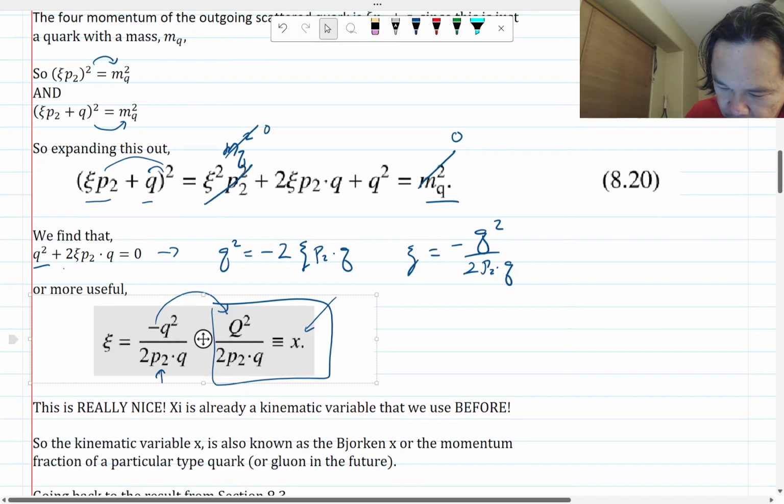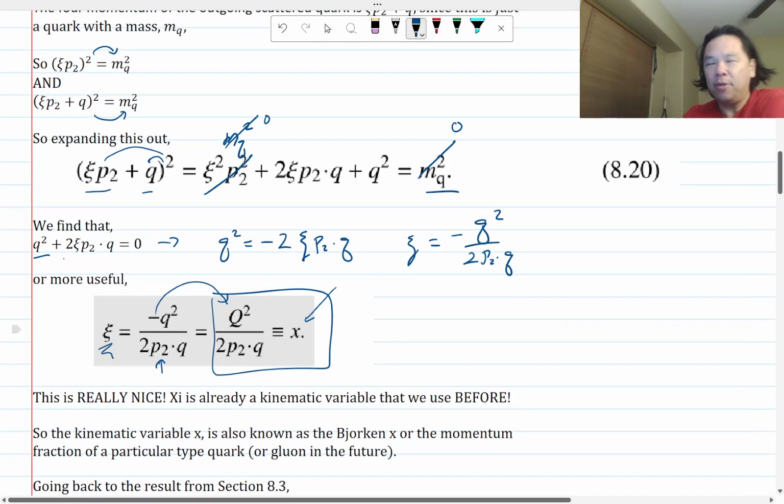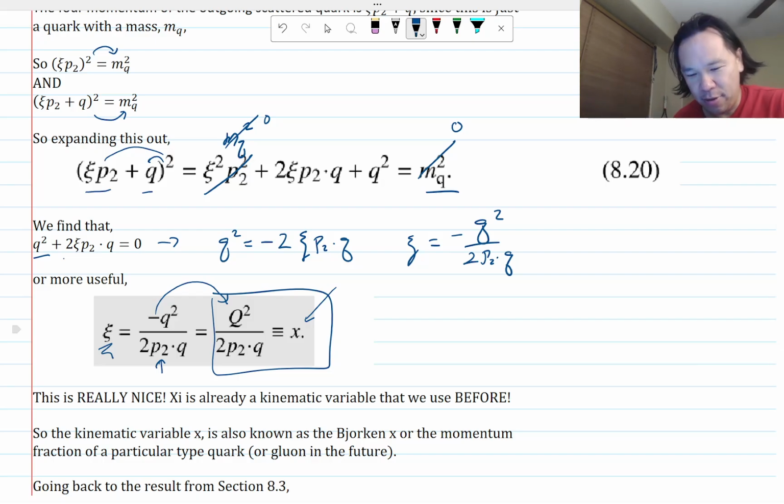So this xc thing that we just made up, the reason we picked xc is because it's an annoying letter to draw, so it's always a temporary thing. It actually turns out to be just x. So we don't have a new variable to deal with. It's the same old kinematic variable that we defined in 8.1.